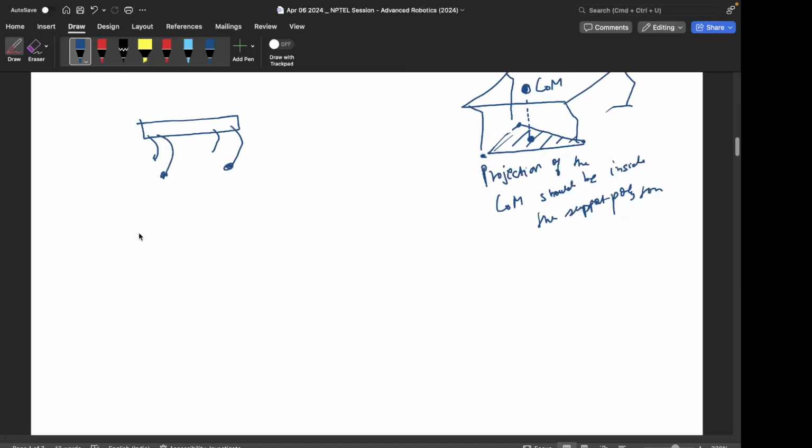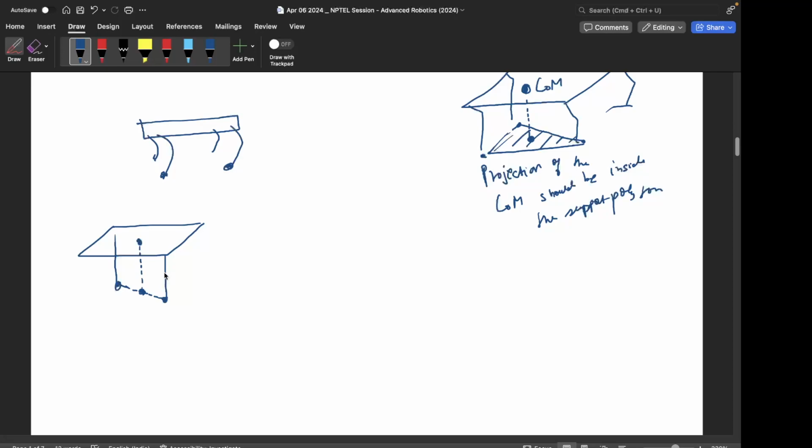A table with two legs can also be statically stable, but under a very precise condition. So in that case, when there are only two support points, there is not a polygon, but there is a line, right? And if the center of mass falls on that line very precisely, which in practice is very difficult to ensure, then it can remain in that position, right?